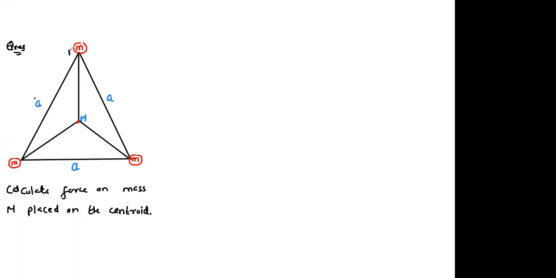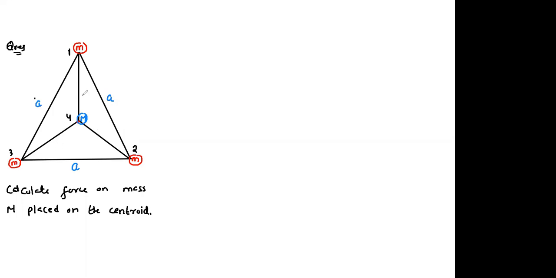If I call this mass 1, this mass 2, this mass 3, and this 4, the forces acting on 4 are: 1 will attract 4, 2 will attract 4, and 3 will attract 4.